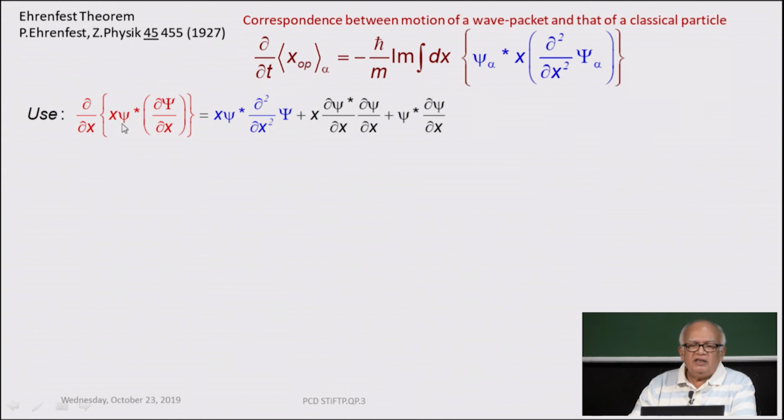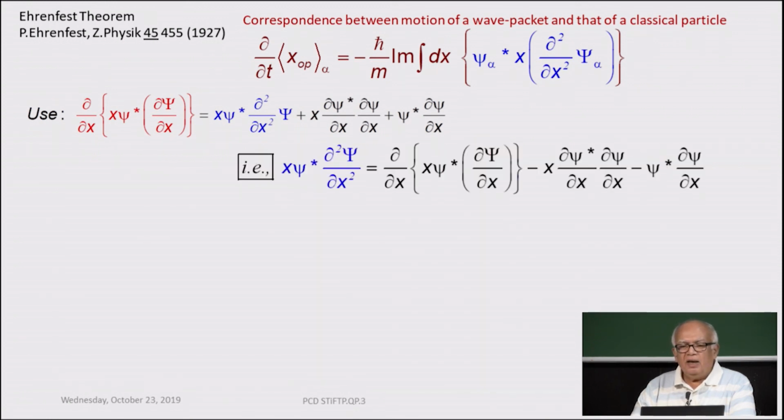What is the derivative of the product of these three functions? X multiplied by psi star multiplied by del psi by del x. It is these three terms. In each there is a derivative of one of the other two, and the remaining two come as multipliers. And this term is then the left hand side minus the other two.